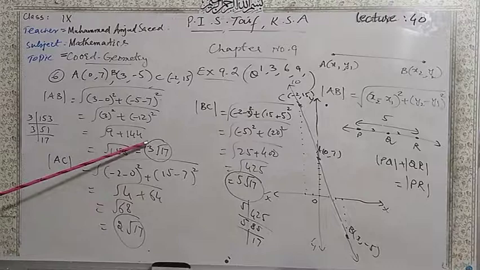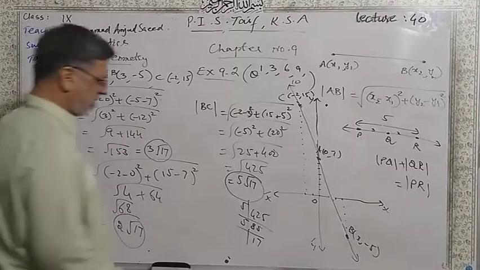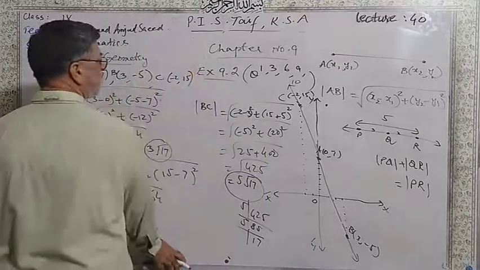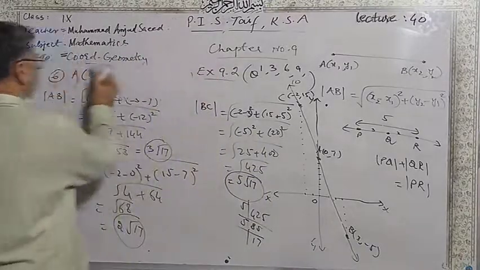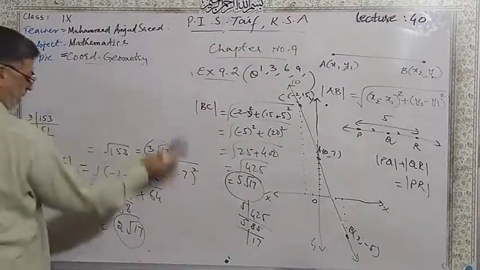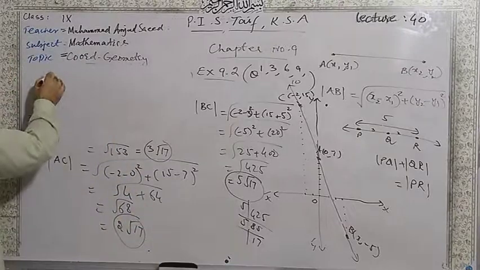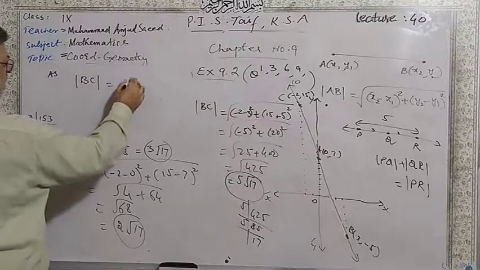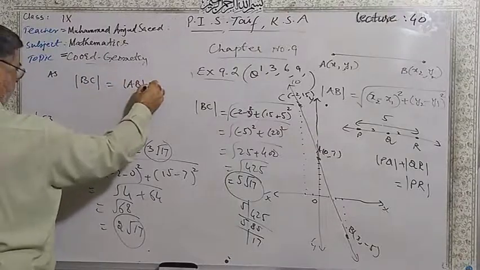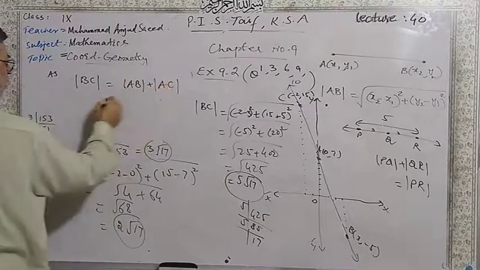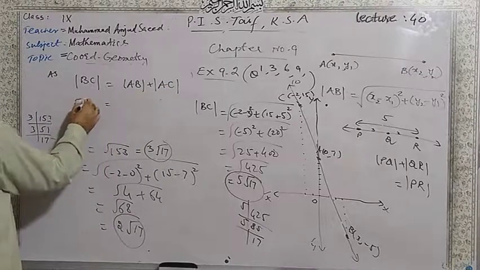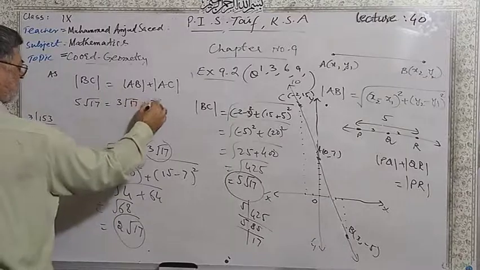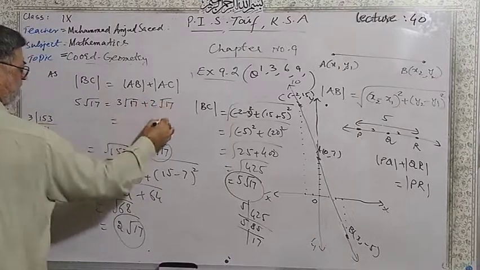This is our conclusion now. As BC is equal to AB plus AC: BC was 5 into root 17, and this is 3 into root 17 plus 2 into root 17.